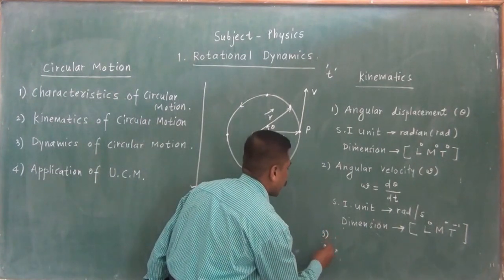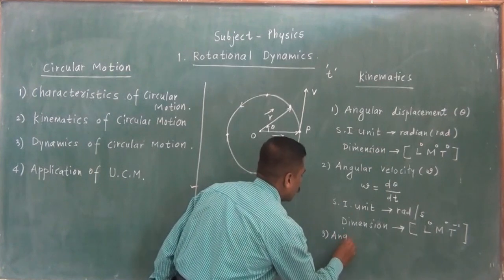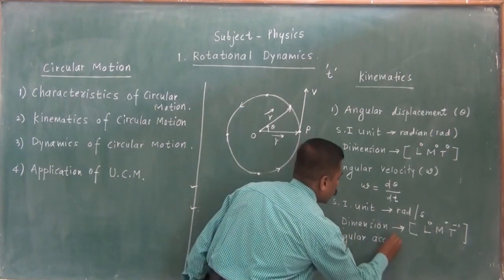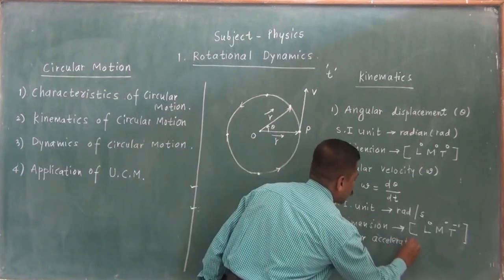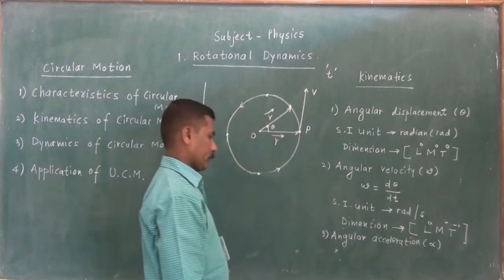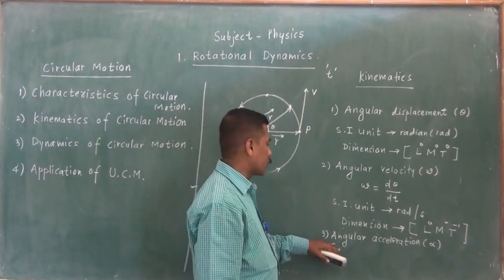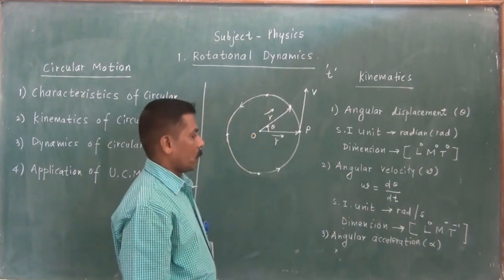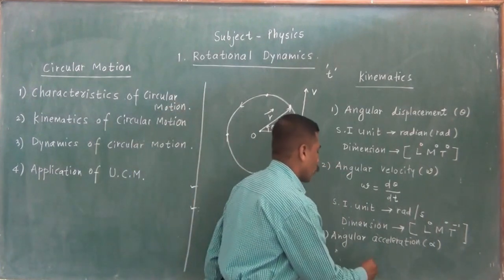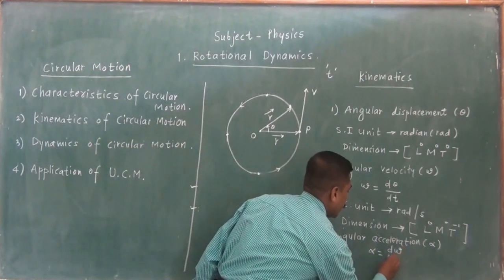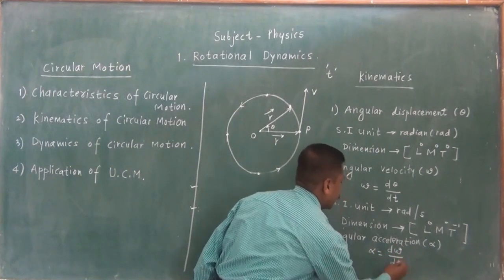Thirdly, we can find the angular acceleration. Angular acceleration is denoted with alpha. It depends upon angular velocity, so you get the formula alpha equals d omega upon dt.